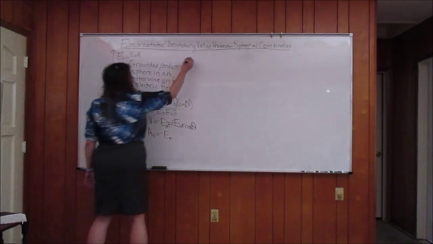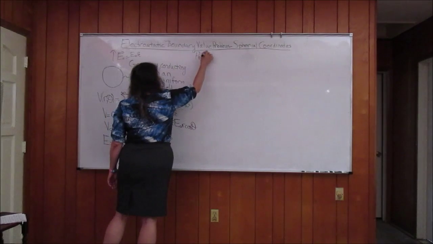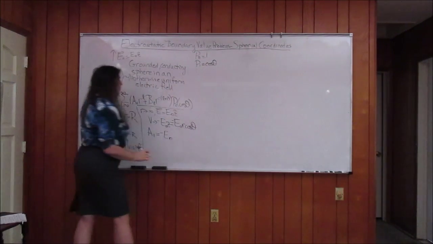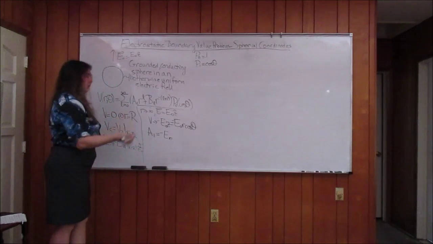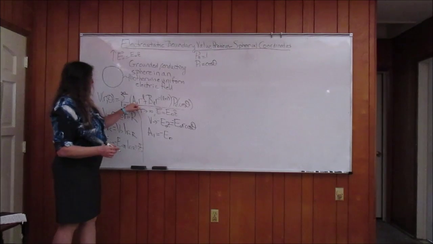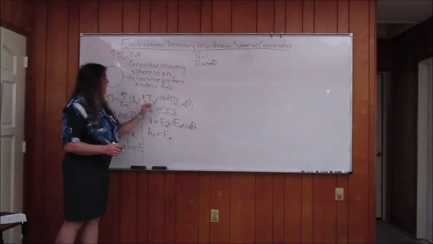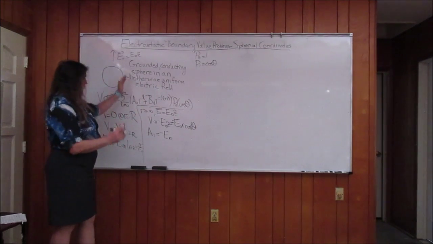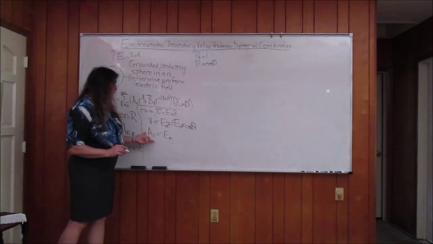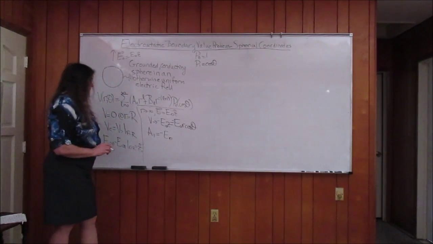Recall that the first order Legendre polynomial is equal to cosine theta. So the first order term here is A sub 1 r to the 1 times P sub 1. Setting those equal to each other as r approaches infinity, we see immediately that A1 is equal to minus E naught.